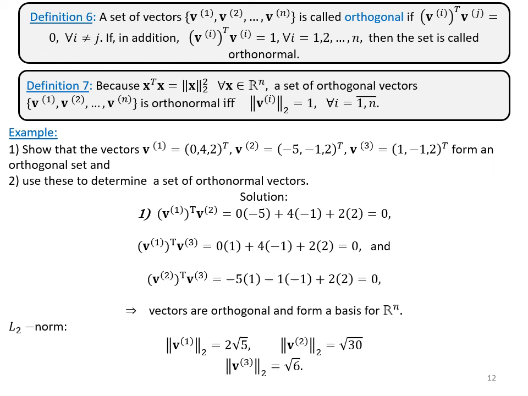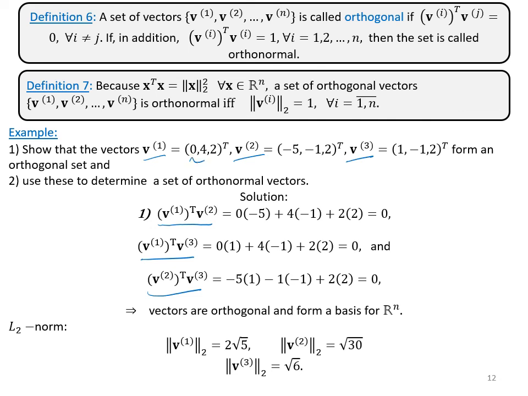Let's solve an example. Show that vectors v1, v2, v3 form an orthogonal set and use these to determine a set of orthonormal vectors. Well, in order to solve it, we should find the products v1 v2, v1 v3, v2 v3 and show that these products equal 0 when i doesn't equal j.